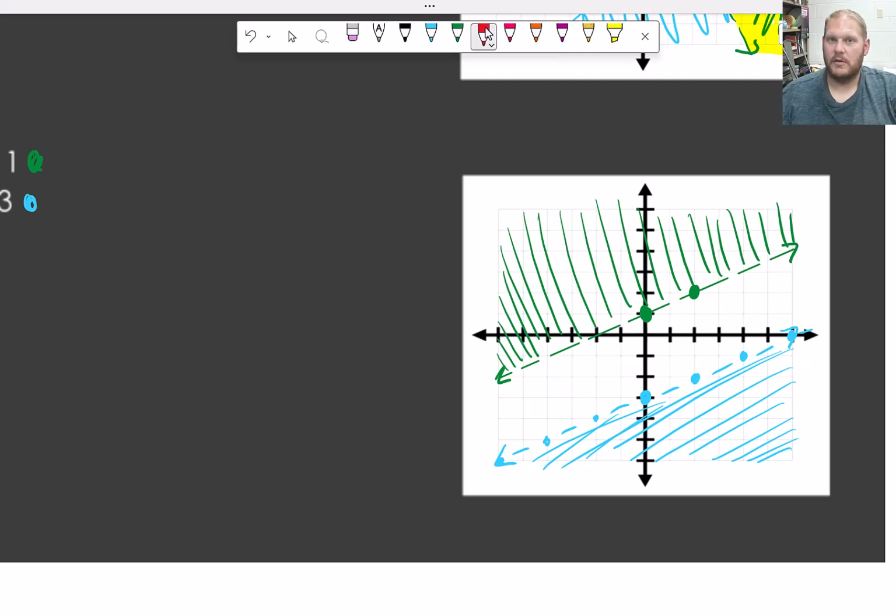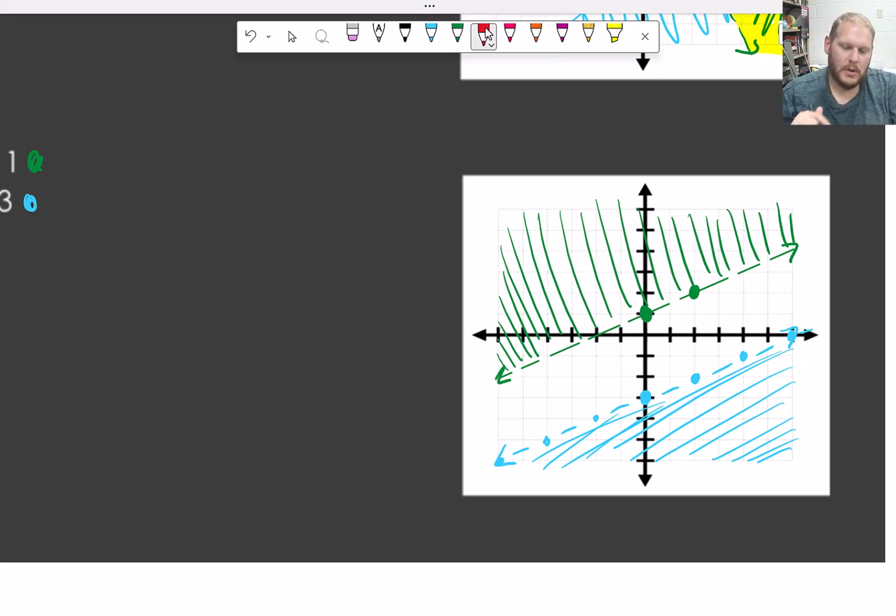We could have noticed that from the get-go. Both of my inequalities had 1/2 as their slope, so I knew they're going to be parallel to each other. But just knowing that doesn't guarantee it's going to be a special case. Because if both of them were greater than problems, or even greater than or equal to's, we would have overlapping, because I would be shading above my lower boundary and my top boundary, so they would overlap above that top one.